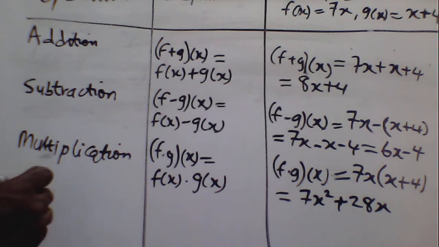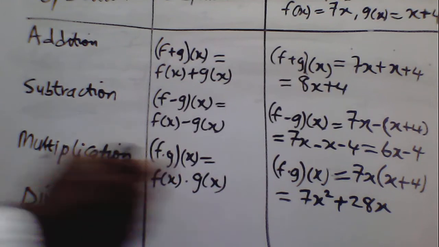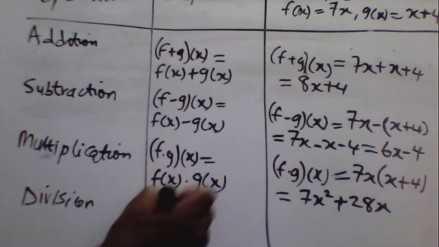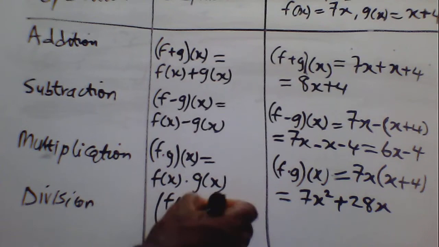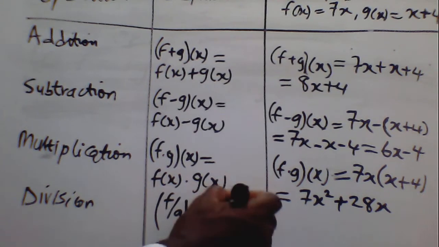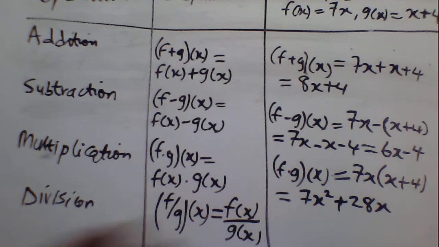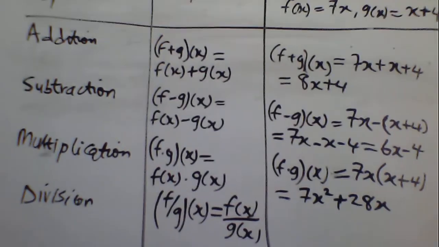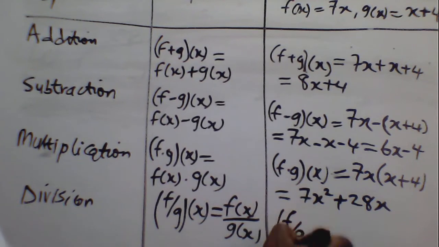So finally, division. We can also create a new function by performing a division. In this case, f over g, both are functions of x. So this will give us what? f of x divided by g of x. So from here we have f over g of x.